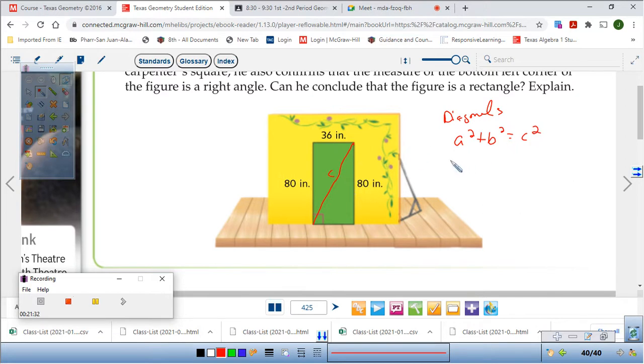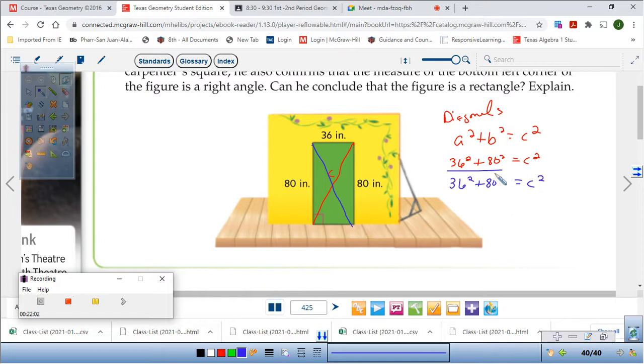When I have this part right here, I'm going to go 36 squared plus 80 squared equals c squared. I'm not going to solve it. If I do this diagonal here, isn't it again a squared plus b squared equals c squared? And I already told you, it doesn't matter where you put the a and the b. So I'm going to set it up the same way.